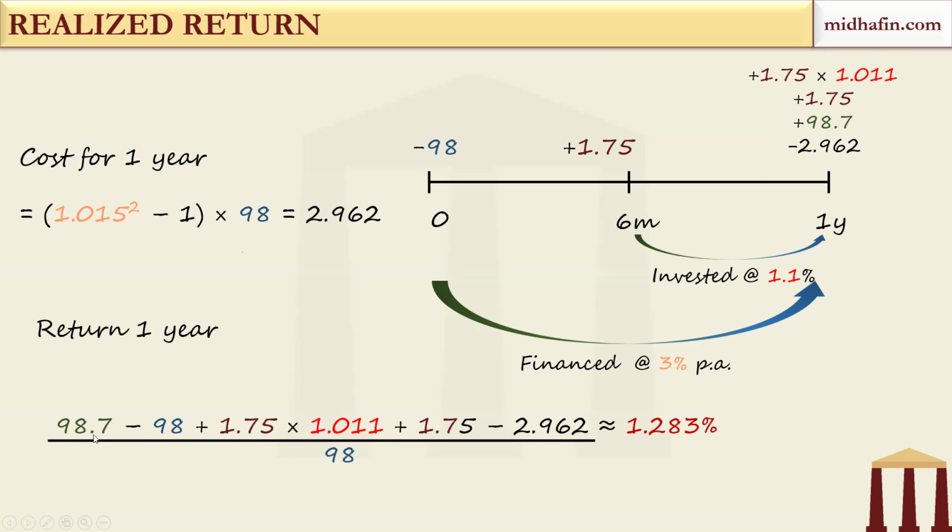So inflows are 98.7, 1.75 times 1.011 and 1.75. These are my inflows. What are the outflows? 98 and 2.962. Divided by the initial investment of 98, you get the return of 1.283% per annum with annual compounding. Now, if you want, you can change it to semi-annual compounding or whatever compounding frequency you want. So that's how realized returns are calculated.